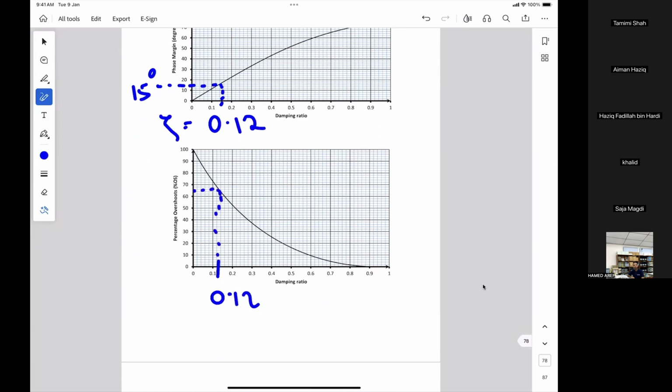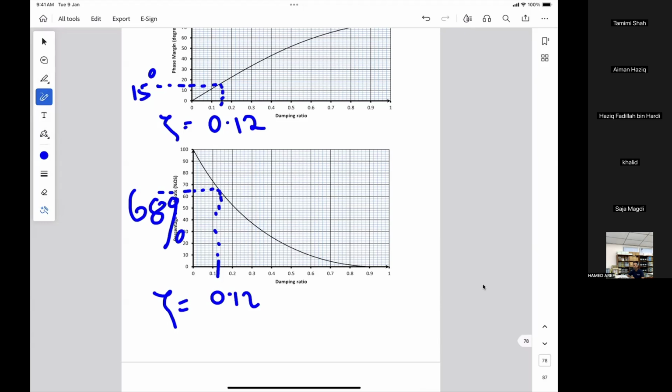And then 0.12 will give you, what is the overshoot? Khalid? 65. Any other answer? I got 68%. 65% is acceptable, 66%, 67%, 68% my answer. So it depends on how you read it.